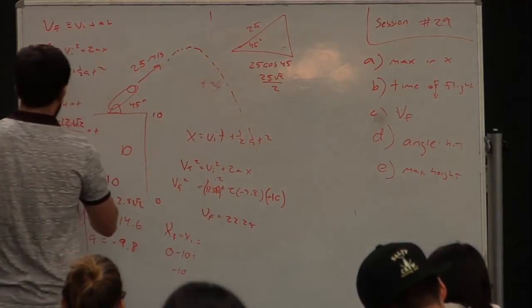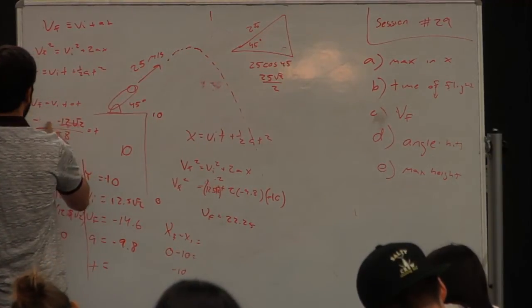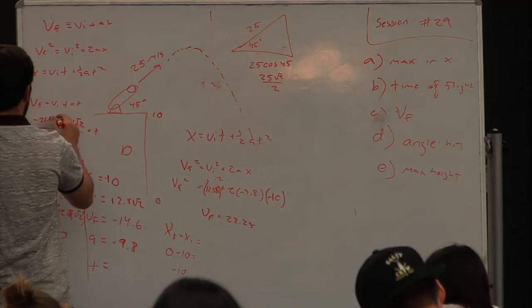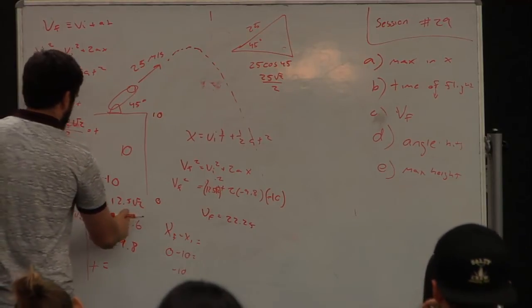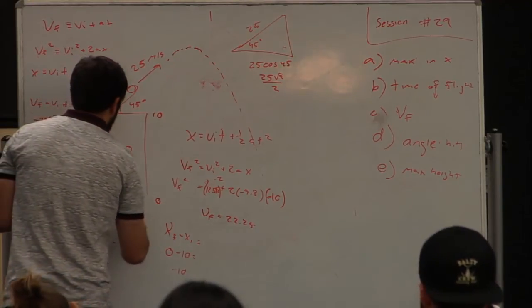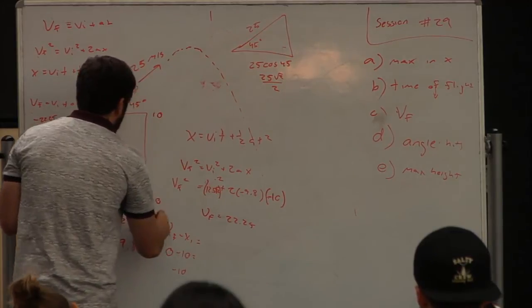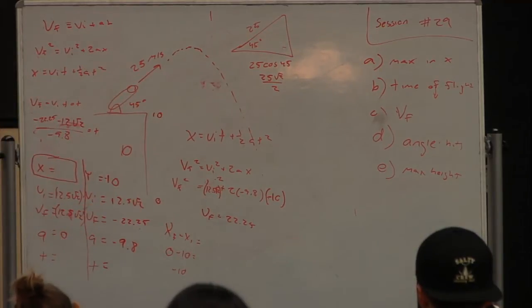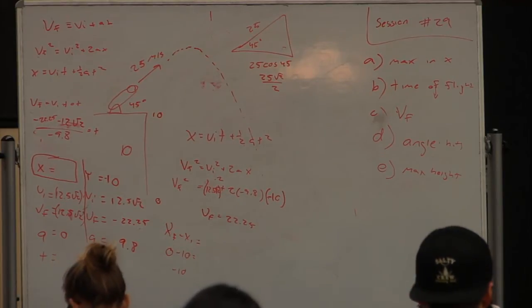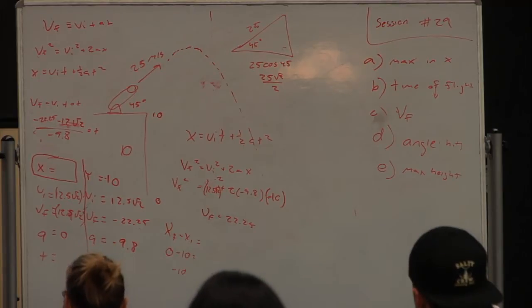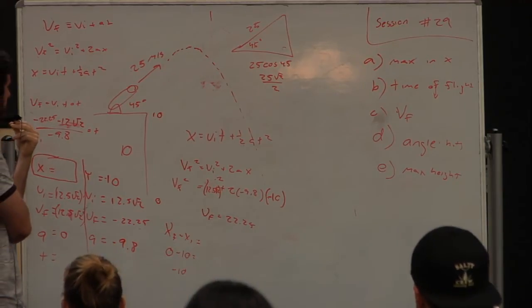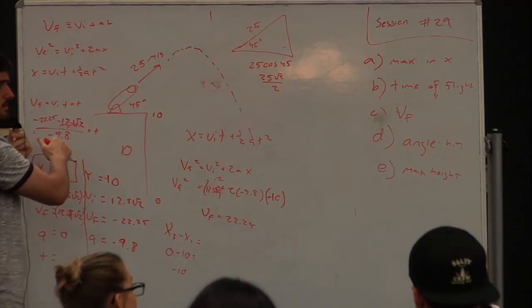All right, so this will be 22.25. Someone want to do that math real quick, please? 0.5 for our time? I don't think that makes sense. 4? Yeah, 4 makes more sense.